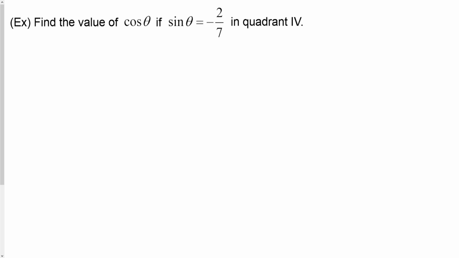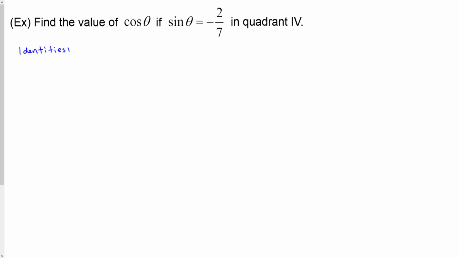Find the value of cosine theta if sine theta equals -2/7 in quadrant 4. Okay, there's a couple of ways I could do this. One is to use identities, because I know an identity that relates sine and cosine together.